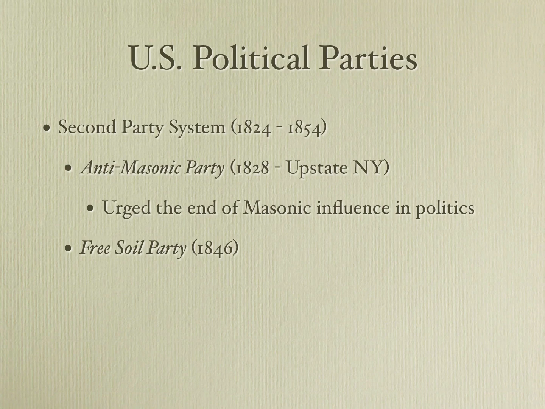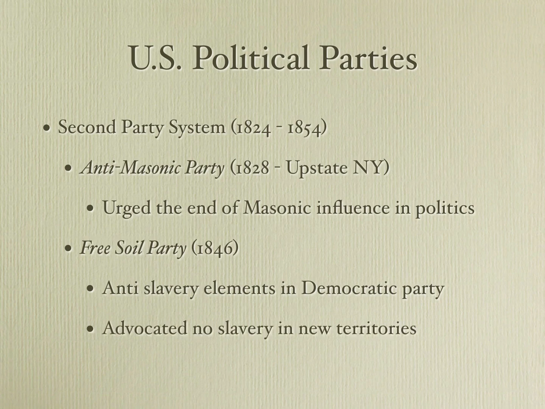The Free Soil Party was founded in 1846. They were founded by people who were either against slavery or were trying to exclude slavery from certain parts of the territories that were opening up to the United States. So some members of the Democratic Party broke off and formed the Free Soil Party.